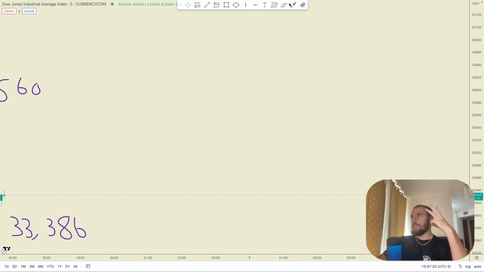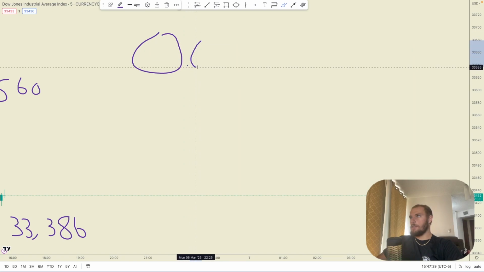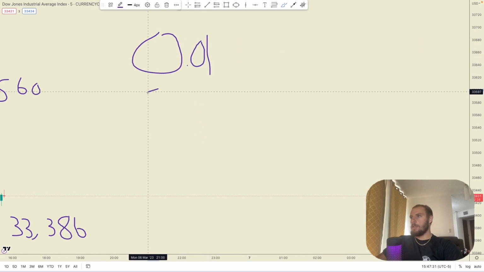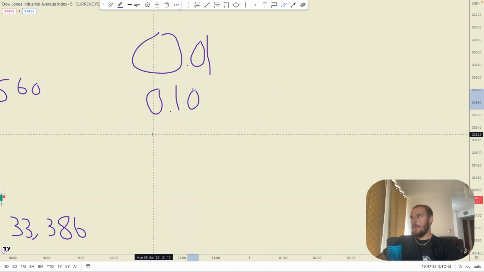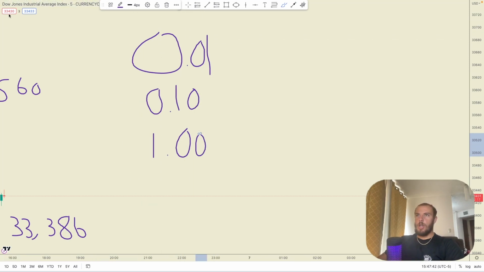There's 3 different types of lot sizes, okay? There's one where it's 0.01. There's one where it's 0.10. And then, of course, there's 1.00. All right? So this would be trading how much of the Dow Jones are you trading at once.